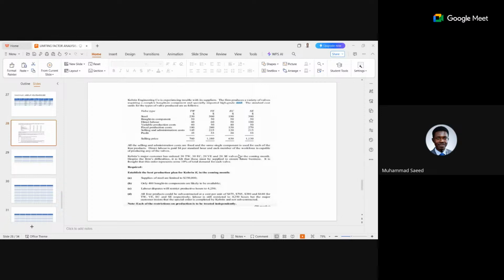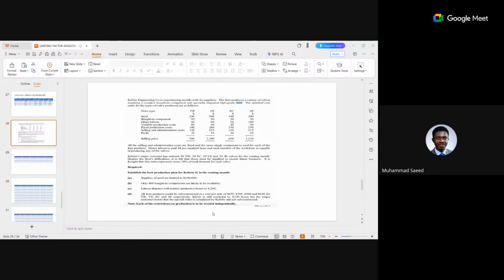All the selling and administration costs are fixed, and the same single component is used for each of the 4 products. Direct labor is paid at $4 per standard hour, and each member of the workforce is capable of producing any of the valves.